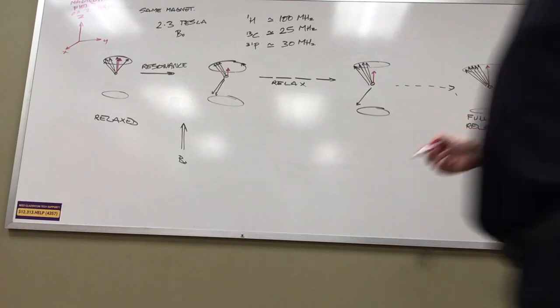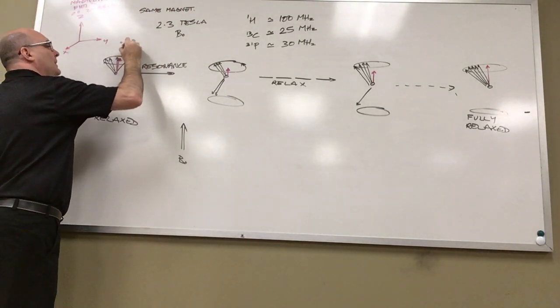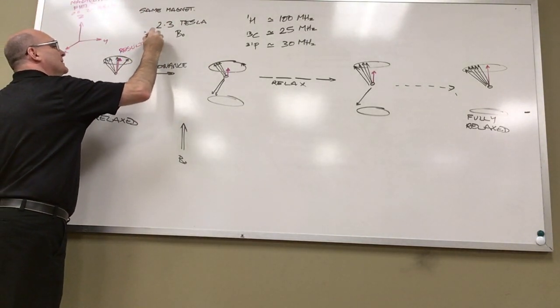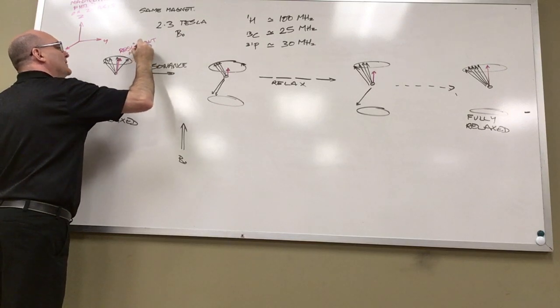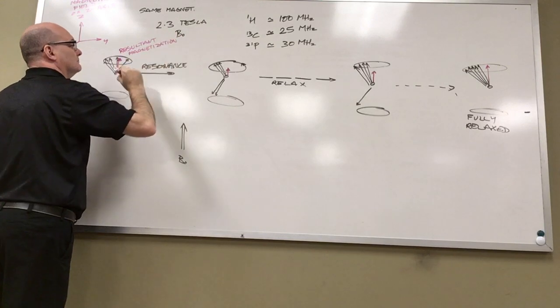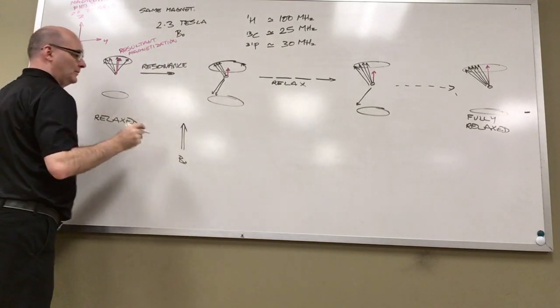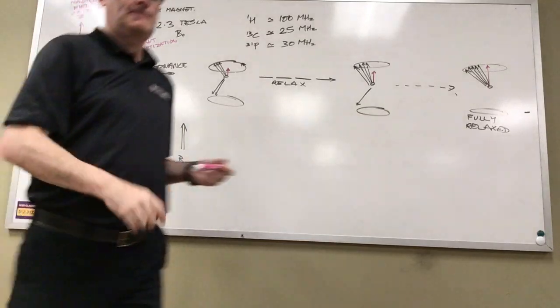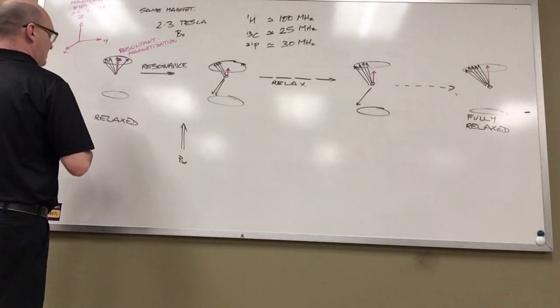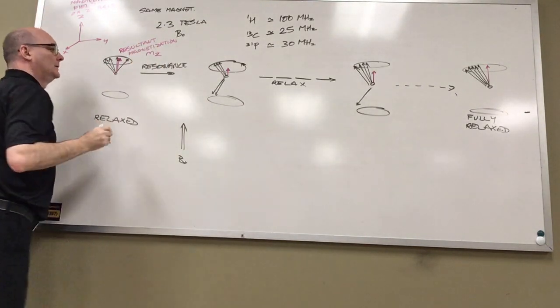So the pink value here gets to be what we'll call the resultant magnetization on the Z, and this one's specific to the Z. That's an MZ.